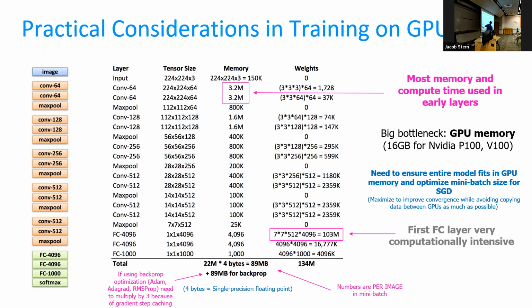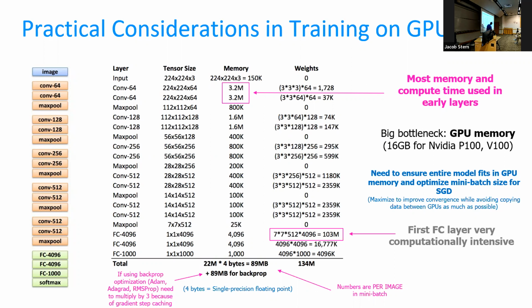Then we get through all of our convolutional layers, and it's hard to see. It's hard to compare the memory required for our activations versus our weights, but I think in general the activations are going to be a lot larger for a convolutional network until we get to the fully connected layer. Look at that, the size of our activations is only 4096.